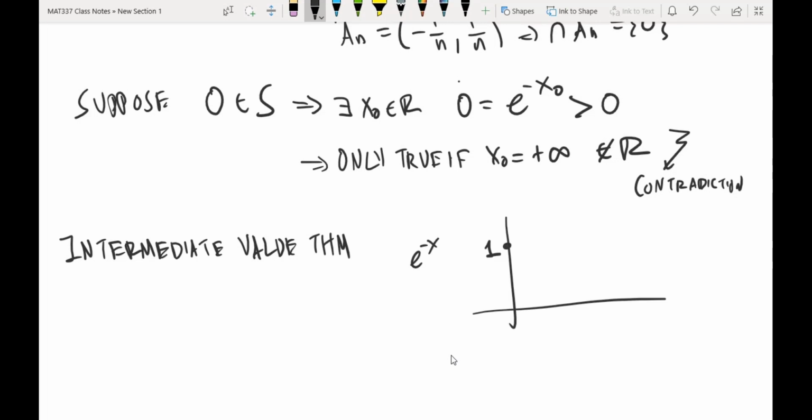It hits 1 and it goes really close to 0, so it hits everything in between, 0, 1. Is that okay, Sangu? So we will prove this next week. It's called the intermediate value theorem.